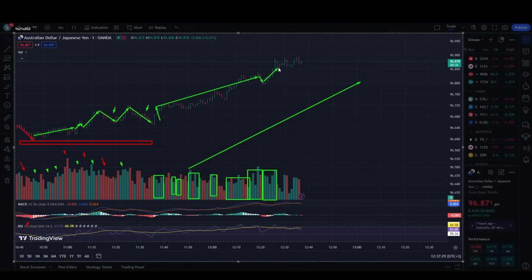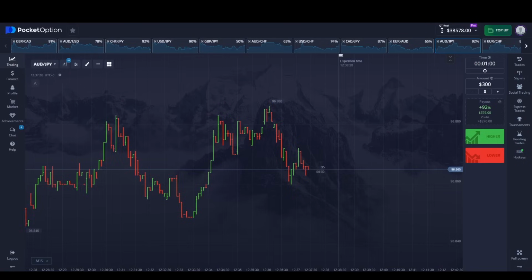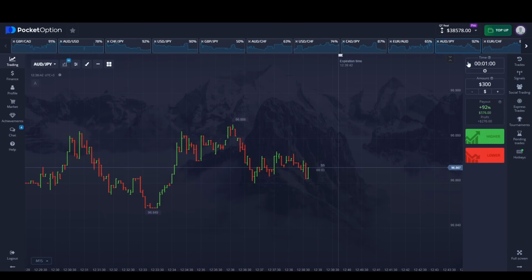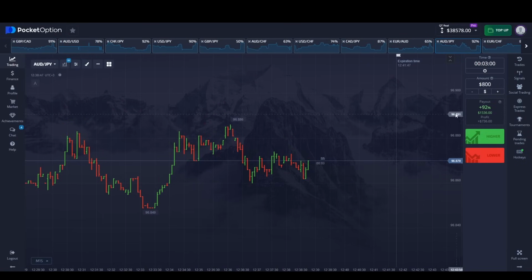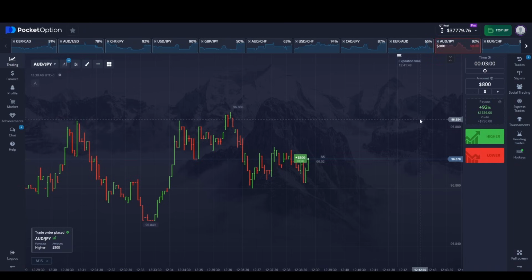As we approach our entry point, all indicators including volumes, moving average convergence divergence indicator, and others indicate a continuation of an upward trend, so I will be trading for an increase. I switch to my broker and invest in a 3-minute up trade with an investment size of $800.